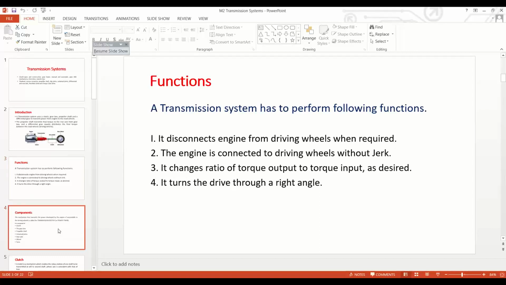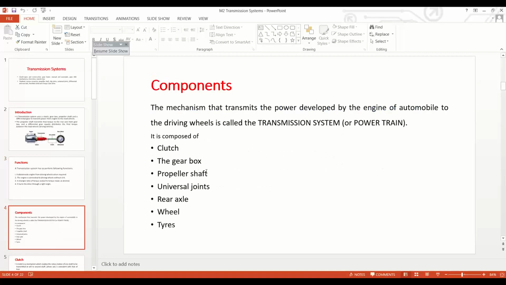So the important components we had discussed yesterday: clutch, gearbox, propeller shaft, universal joint, and rear axle. See here, as I discussed, the first two functions, connecting and disconnecting the engine from the transmission system without jerking, will be done by the clutch. Changing the gear ratios as per the requirement will be done by the gearbox.